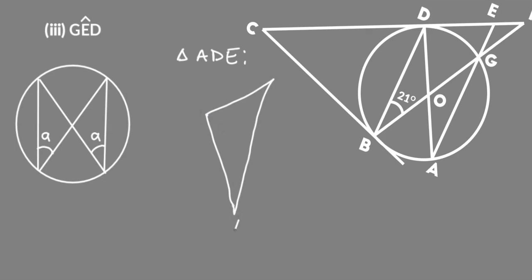We've got A here, we've got D, and we've got E. Notice that at D we've got a tangent. Therefore, the angle at D here is 90 degrees.